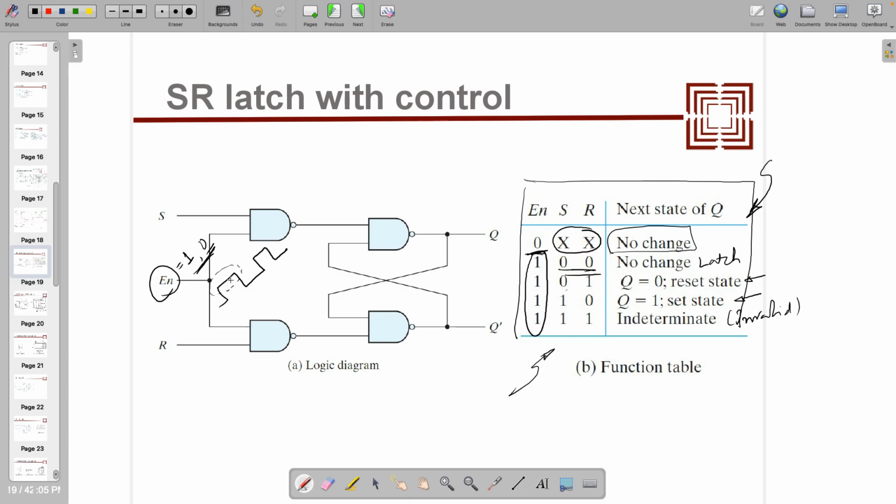When the clock is 0, it's holding the previous output. This kind of circuit is very useful in the design of processors or many other things. Such things are latches, which we are going to study right after this chapter, where we are going to build bigger systems using finite state machines, where we will use latches and flip-flops.